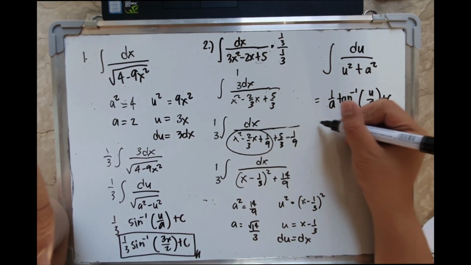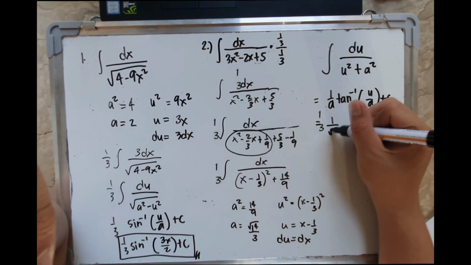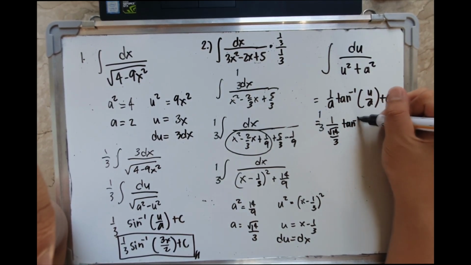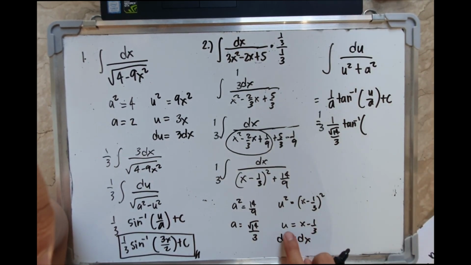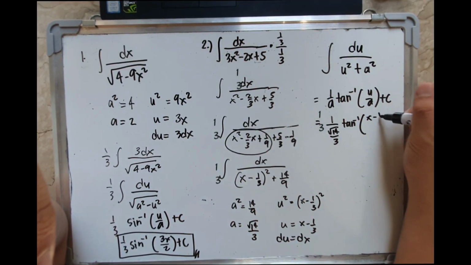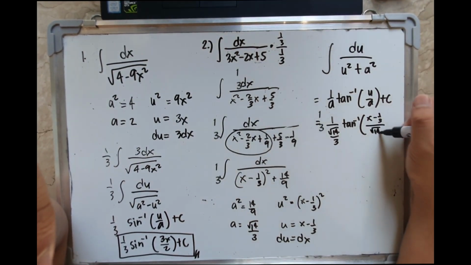Okay, what is a? 1 over the square root of 14 over 3, the arctan of the u. The u is x minus 1/3 over the a, which is square root of 14 over 3.